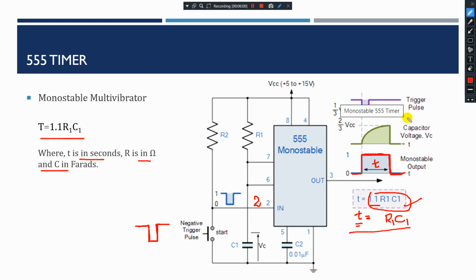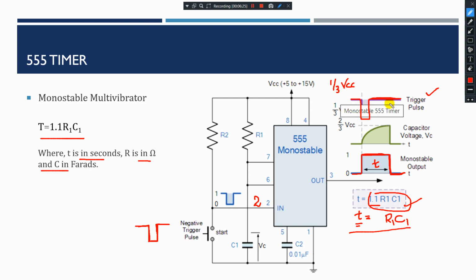So are you able to understand? See properly here. There is a trigger pulse here. For a trigger pulse, the voltage should be less than 1/3 of VCC. So I am giving a negative pulse. It's a low trigger.